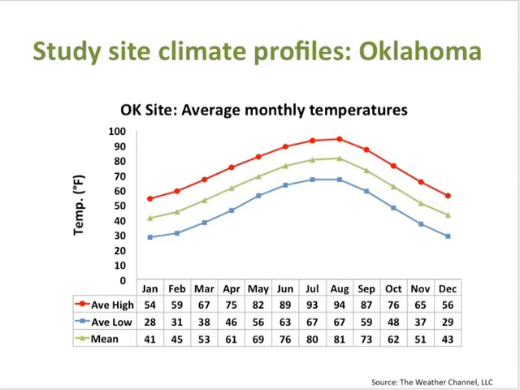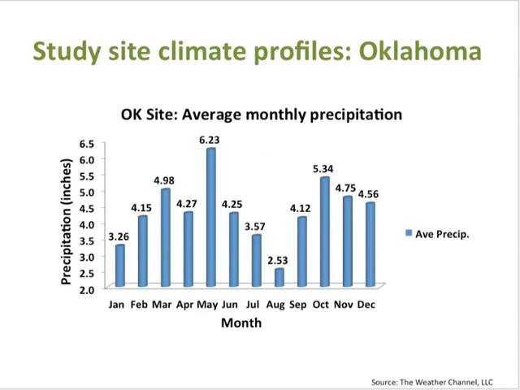The Oklahoma site gets very hot in the summer, averaging in the high 70s or around 80 degrees, and the average lows are below freezing in the winter. The Oklahoma site traditionally gets most of its precipitation in the spring and fall months and limited rainfall in the summer and winter, so kind of the opposite of the Florida site.